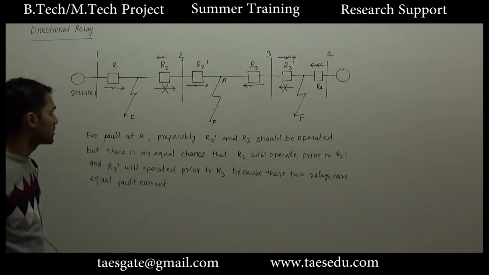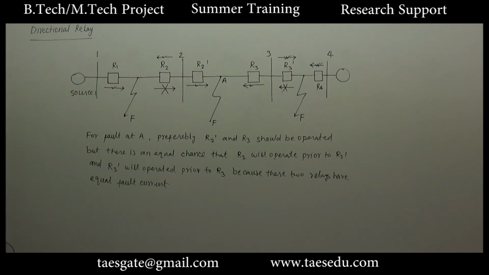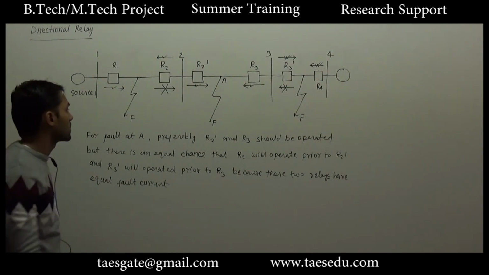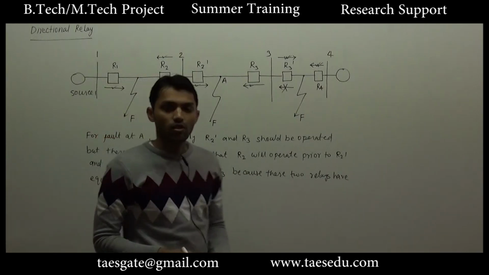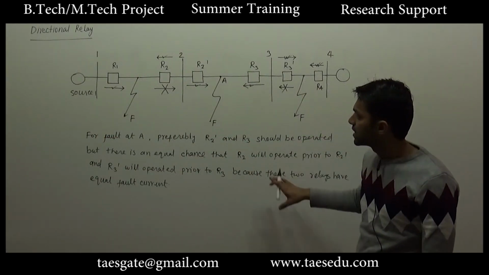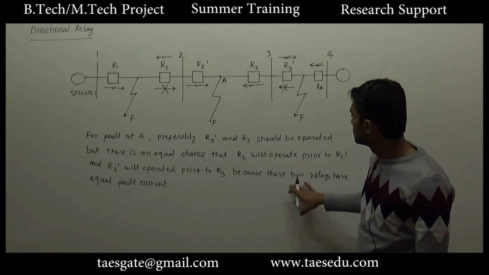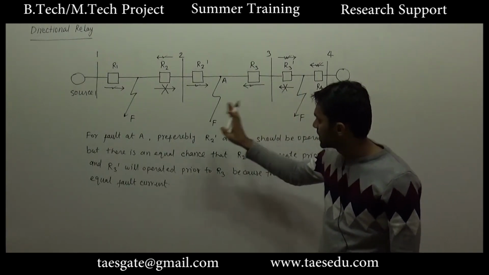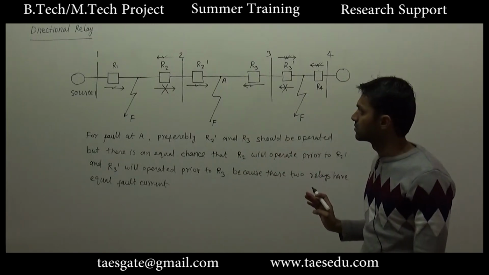So we have considered different faults at the different possible points. In each relay I have added a constraint that each relay will operate for a single direction of current only, and using that condition the problem of fault at each possible point is solved.